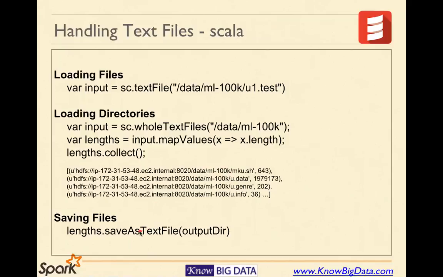All right. Then we can actually save this like a normal text file somewhere. So let's say there are a billion images that you need to resize, right? You can put all the images in a folder and read that folder as whole text files.